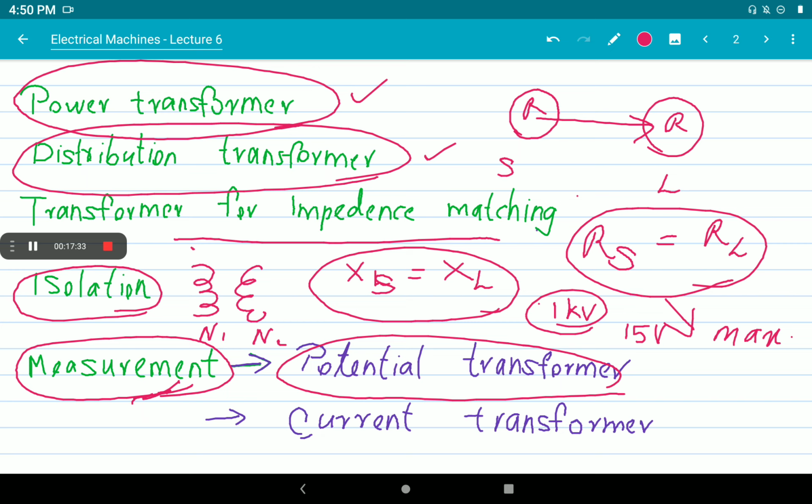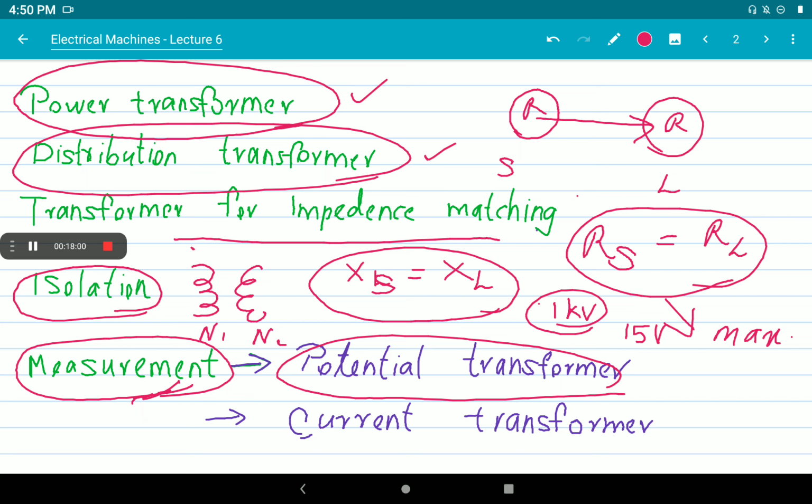For example, if I want to measure a 400 kV voltage in a transmission line, but I don't have any voltmeter with a rating of 400 kV, what can I do? I have to step down that voltage to measure it. Proportionally, I will find the voltage level, using a step down transformer to reduce that 400 kV to a measurable level.